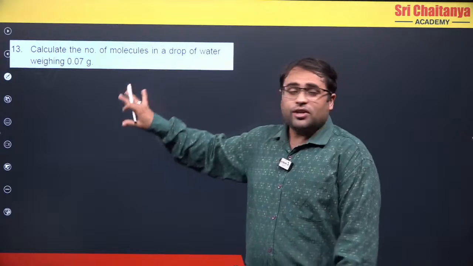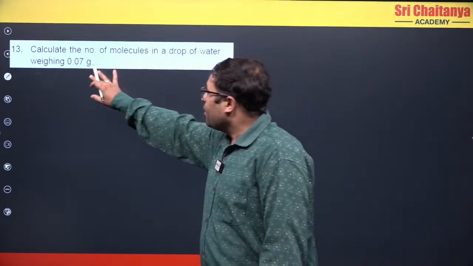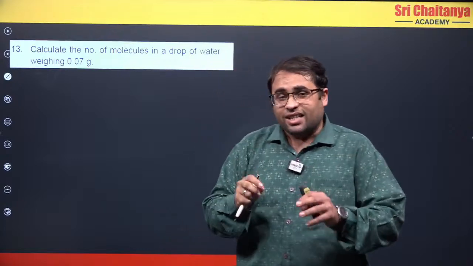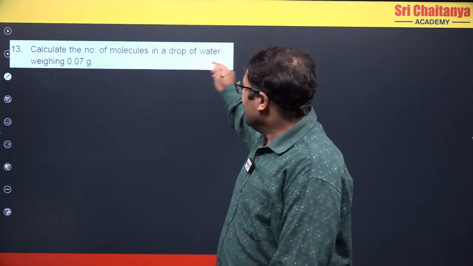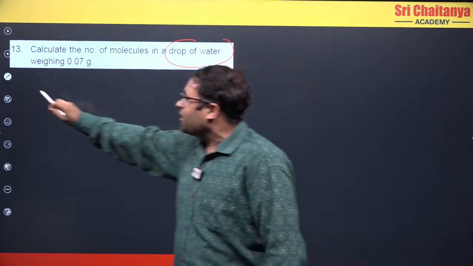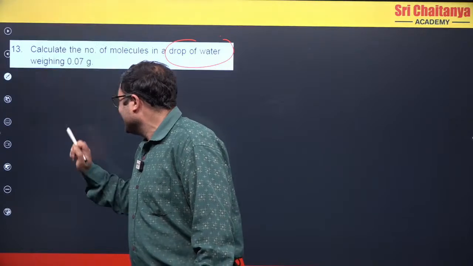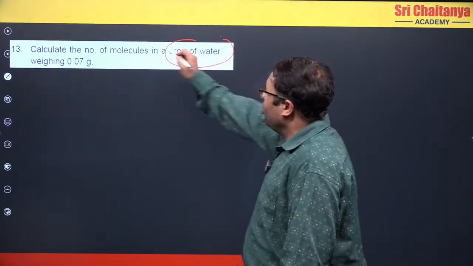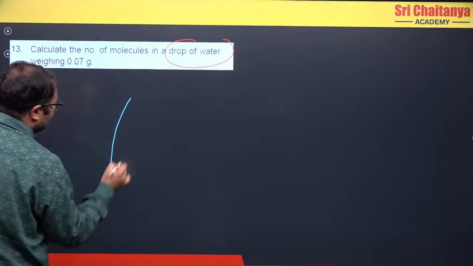Now this will be the last question that I'm going to attempt today. Calculate the number of molecules in a drop of water. Yes, nice question, right? I am talking about a drop of water. Let me take blue color just for having a creative liberty. So you have a drop of water, right?